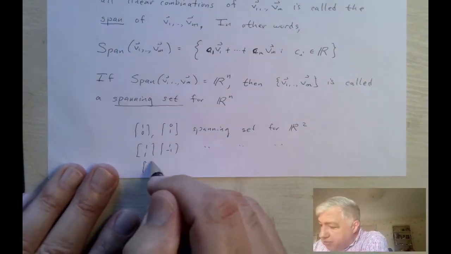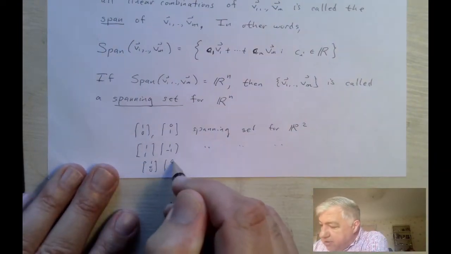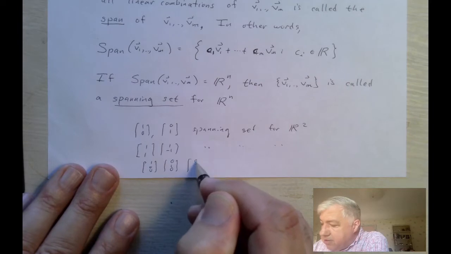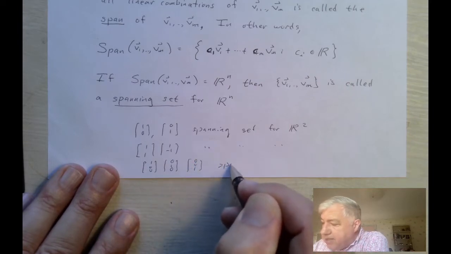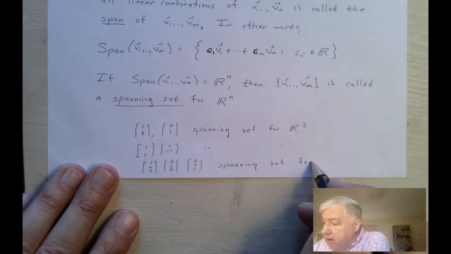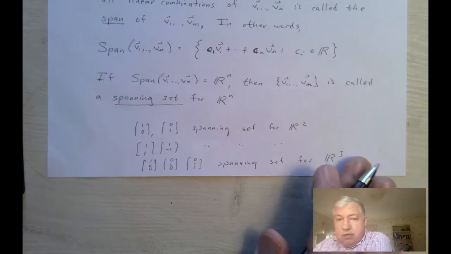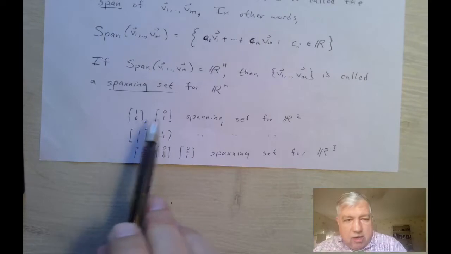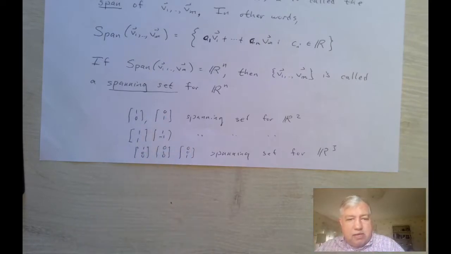Obviously, the vectors (1, 0, 0), (0, 1, 0), (0, 0, 1) would be a spanning set for R3. Later on, we'll talk about how this one has a special name: it's called the standard basis, but we're not quite there yet.